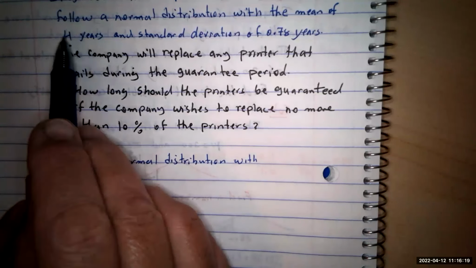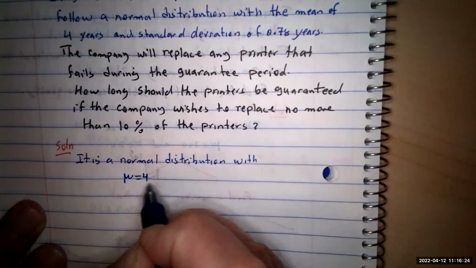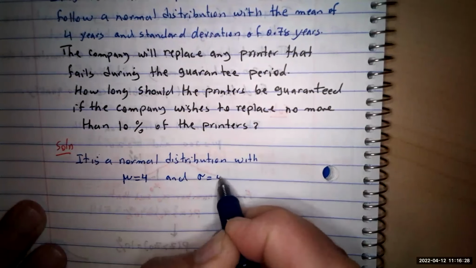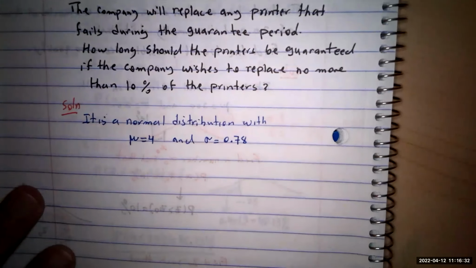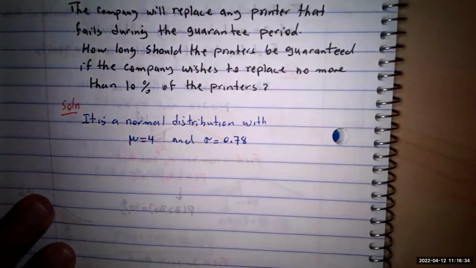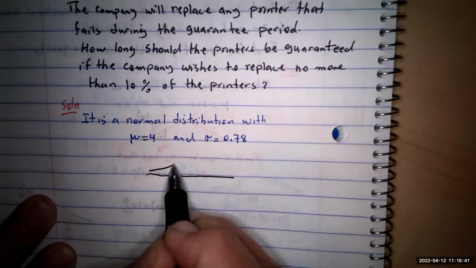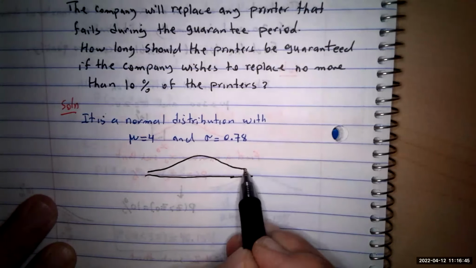The mean is given as 4 years, so mu is equal to 4, and the standard deviation is 0.78. So we have this information, again a normal distribution case.